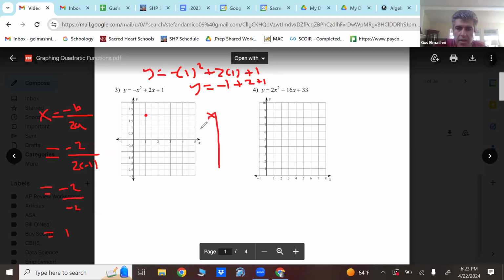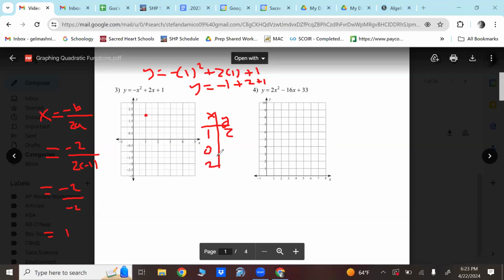Okay, then we plug in values close by, a number less than 1 and a number bigger than 1, since we already have 1 comma 2. So plug in 0 and plug in 2, and they should give the same thing because we purposely are doing symmetry here. Plug in 0 first. What do you get? You get 1.